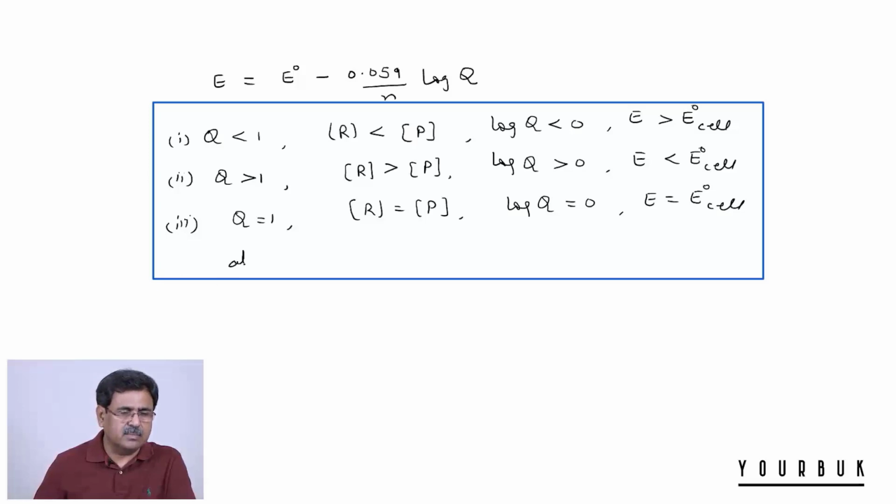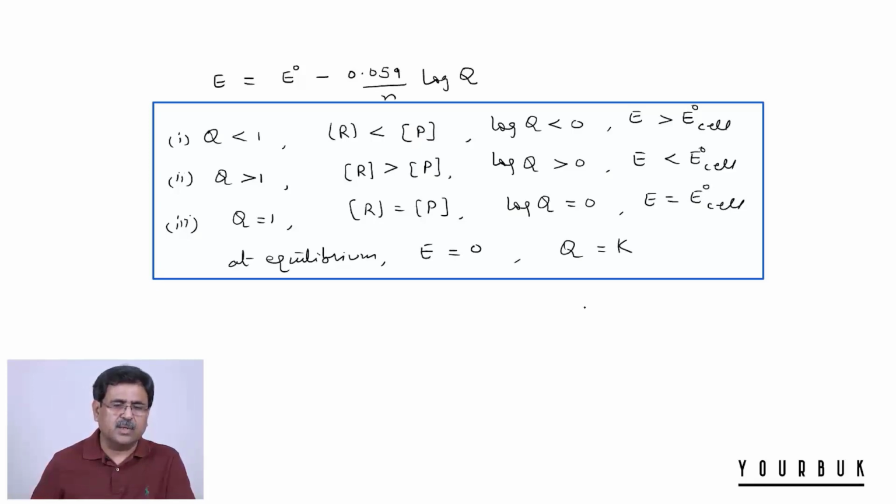And at equilibrium, no current is flowing through the cell, and as a result E cell is equal to 0 at equilibrium, and Q then becomes K, where K stands for the equilibrium constant.